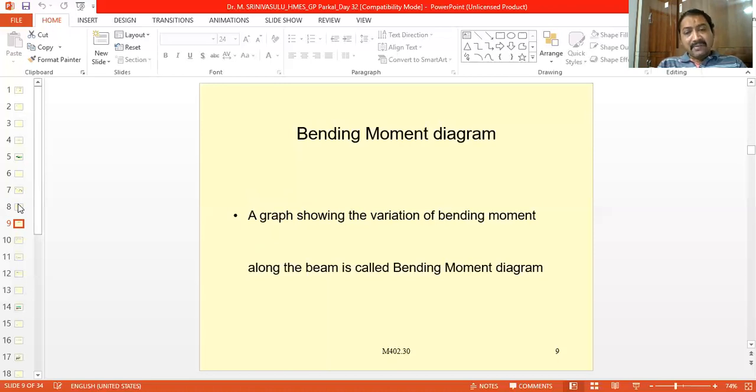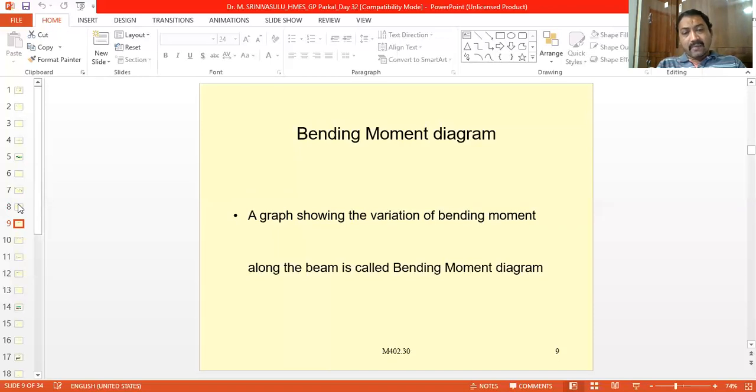So a bending moment diagram is nothing but a diagram which shows the distribution of the bending moment along the length of the beam. By just seeing the bending moment diagram of a beam, we can assess the points at which the maximum bending moment is occurring and the points at which the minimum bending moment is occurring, or the point at which zero bending moment in some cases is occurring.